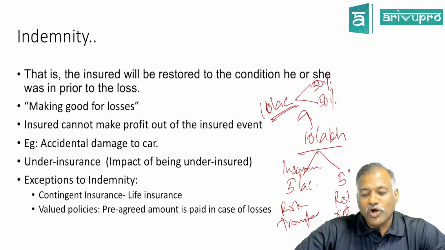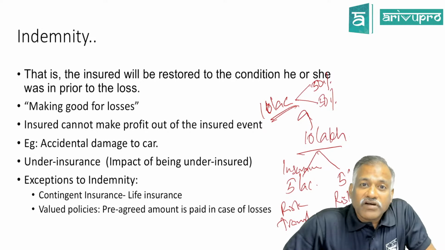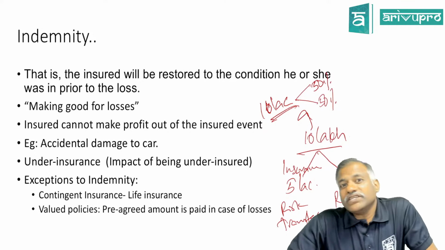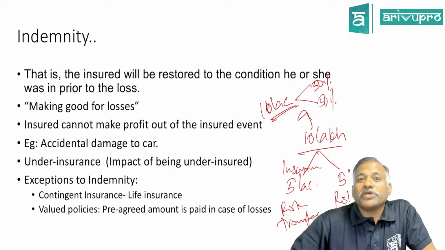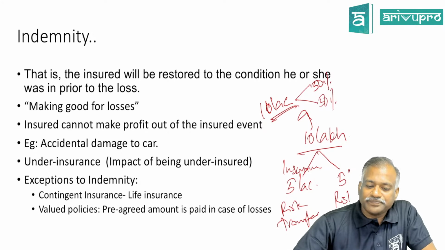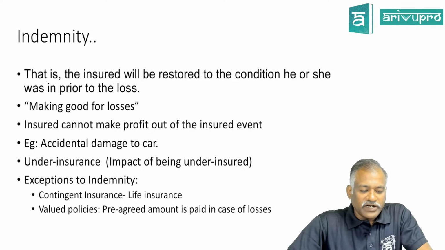The insurance company will not pay. The point to be noted here is that the insurance may be covered for 5 lakh, the loss may be 1 lakh, but still, because it is underinsured, the insurance company will not pay the entire amount. So that is the point which I want you to note here. That is the impact of being underinsured.